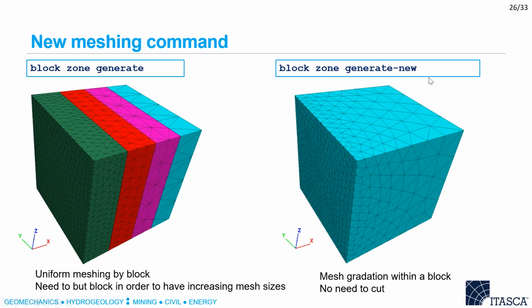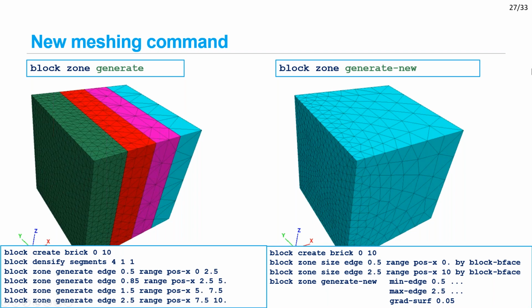With this new command, we can do this more properly because we can have a mesh gradation inside a single block. Here, what we do is we generate a brick simply. We define mesh sizes on the surface on the left, and also a larger mesh size on the right.